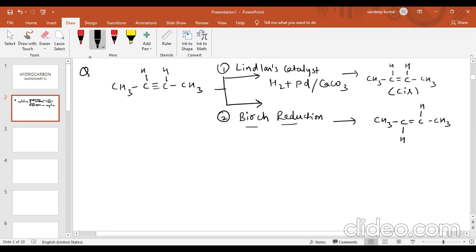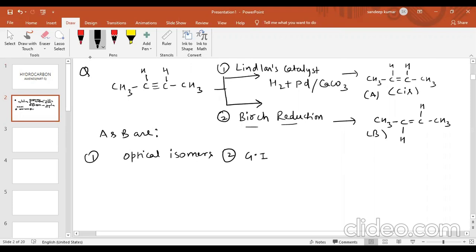So the question is, this product obtained is A and this product obtained is B, and the question is, A and B are: the first option, optical isomers; the second option, geometrical isomers; the third option, identical; and the fourth option, not isomers.